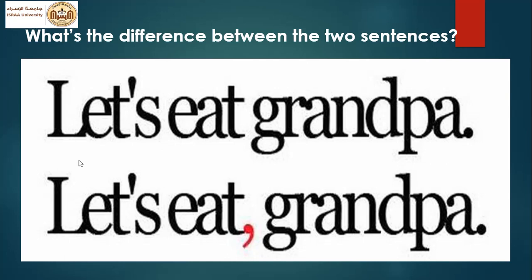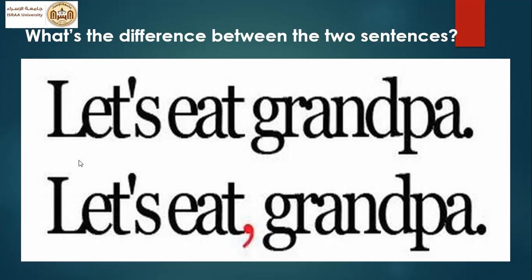If you look at the first one, let's eat Grandpa, it means we are hungry, we are going to eat our grandfather. Okay? But if you look at the second one, when I say, let's eat, Grandpa, it means I'm giving Grandpa a suggestion. I'm suggesting for him to go together, for example, and have lunch together, to eat together, but not eating him.